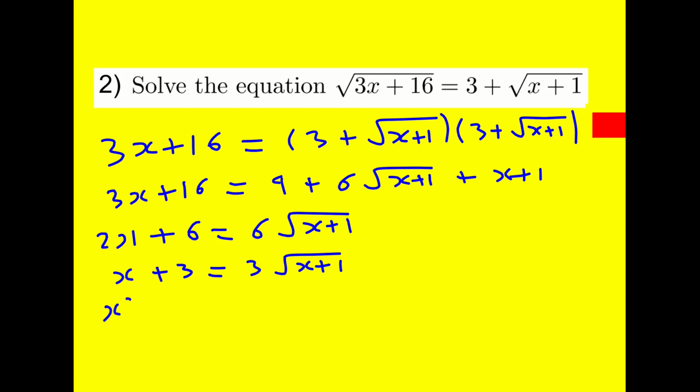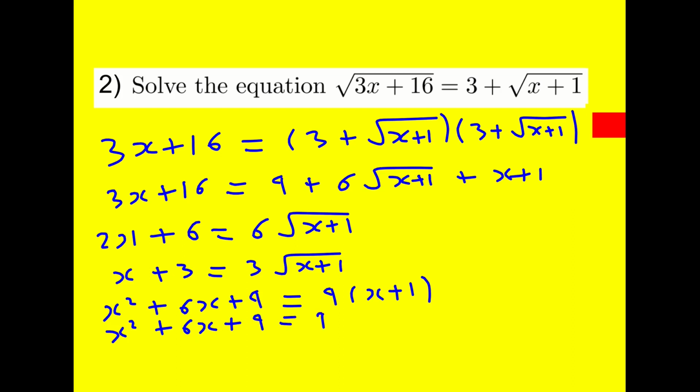Okay, squaring this side gives me x squared plus 6x plus 9, double bracket, remember? x plus 3 times x plus 3. And then I square this term, and I square this term. Hopefully I haven't gone too fast. I'm assuming your knowledge of that. x squared plus 6x plus 9 equals 9x plus 9.